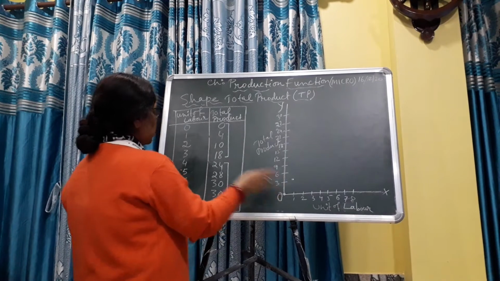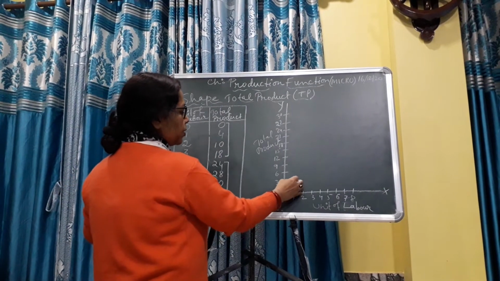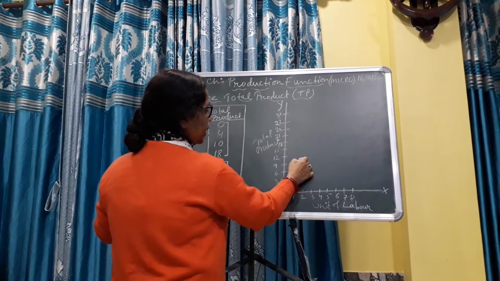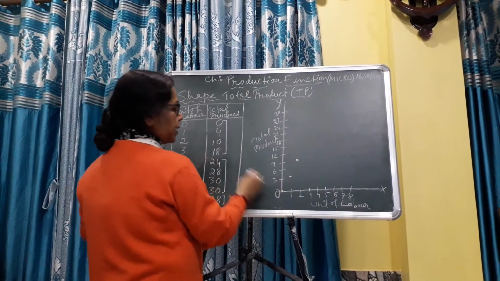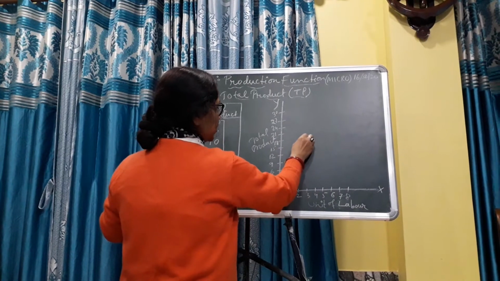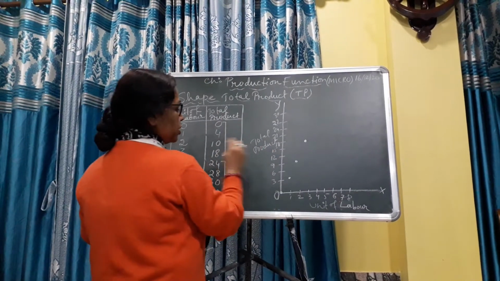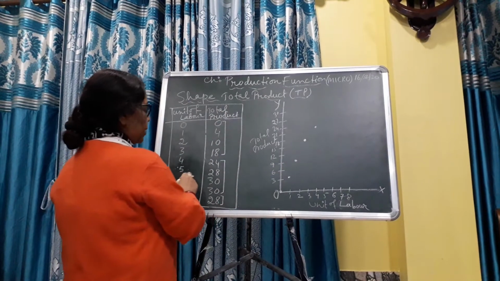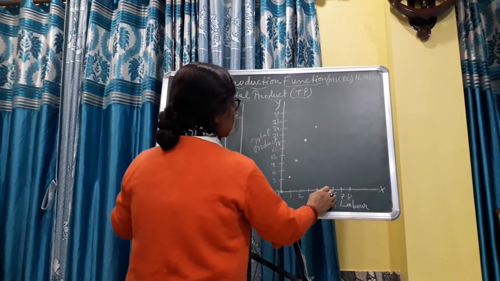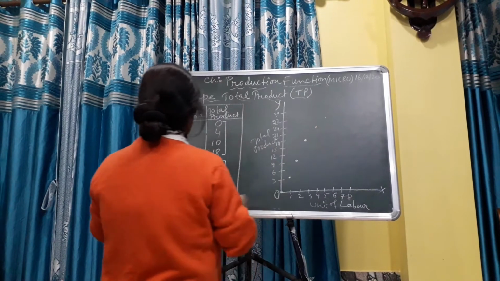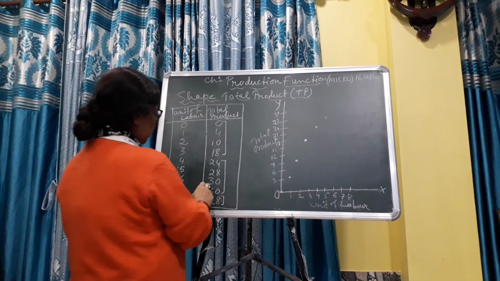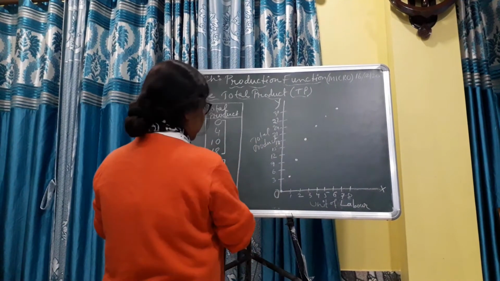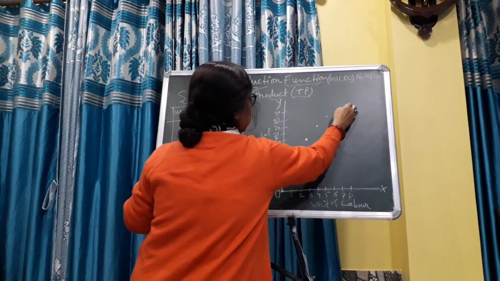Next, 0, 0, 1, 4. 1 labor, 4 production. 2 labors, 10. 3 labors, 18. 4 labors, 24. 5 labors, 28. 6 labors, 30. 7 labors, 30.